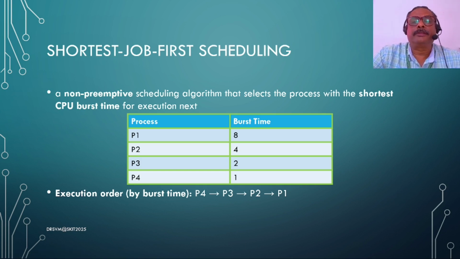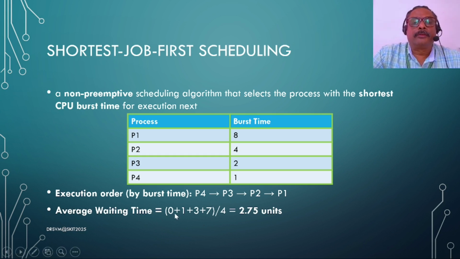The advantage of doing this is the average waiting time. P4 immediately starts working, therefore it doesn't wait, and P4 takes 1 unit of time, so the next process P3 has to wait for that 1 unit while the CPU is executing P4. So the waiting time for P3 is 1 unit. P2 waits for P4 and P3 to be completed, which makes 3 units of time.